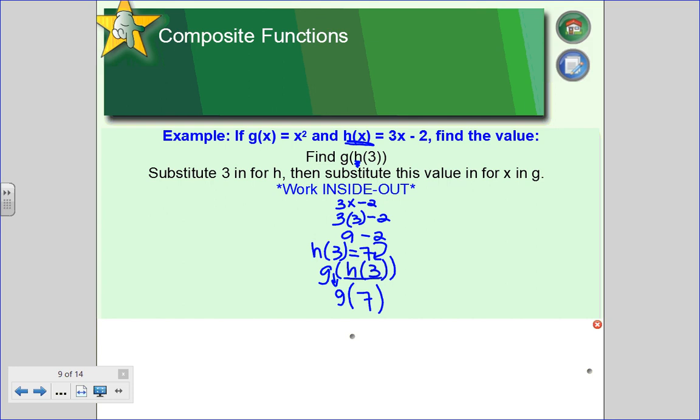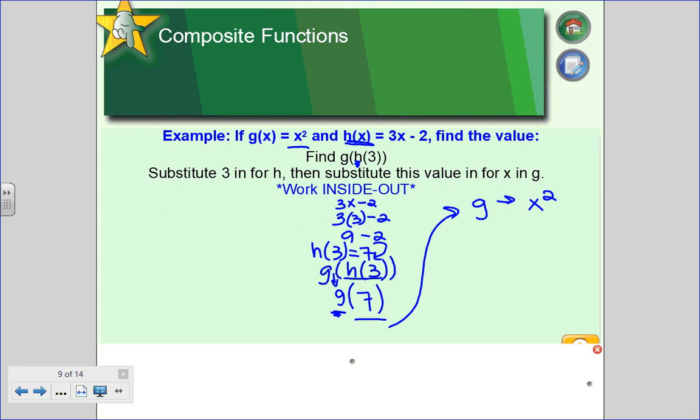So we've simplified on the inside, now we're going to work our way out. Now that we know h of 3 to be 7, we're going to go ahead and find the g function, which is x squared. The g function is x squared, and so here we're finding g of 7. That means instead of x, I replace it with 7. 7 squared is 49.